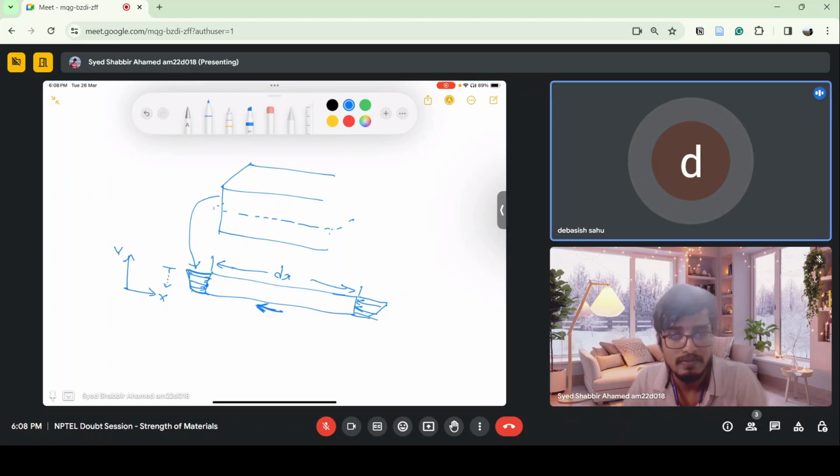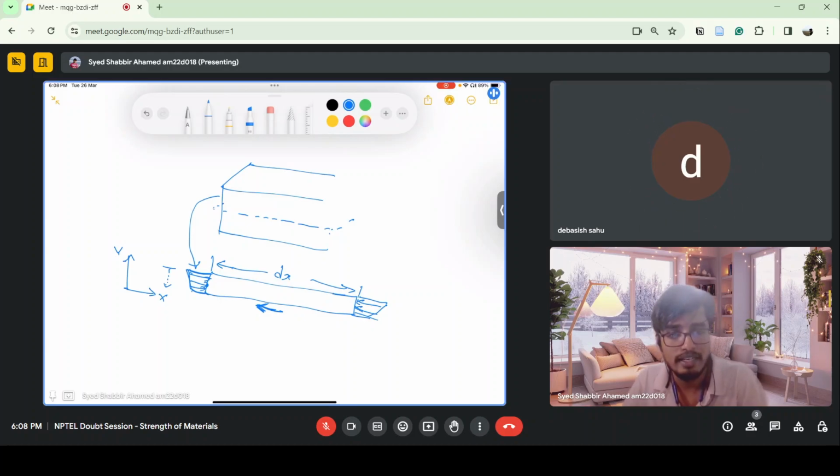So it is a matter of only sign convention. It doesn't have to be this way also. If after that we get a minus, then the direction of the shear force is in the opposite direction. It doesn't matter. It's just a sign convention.